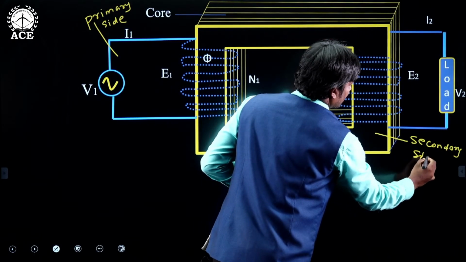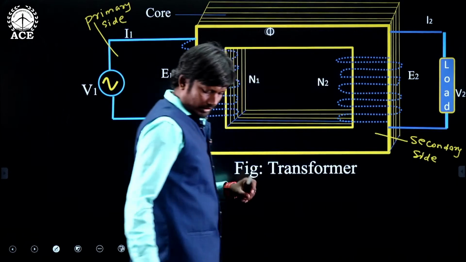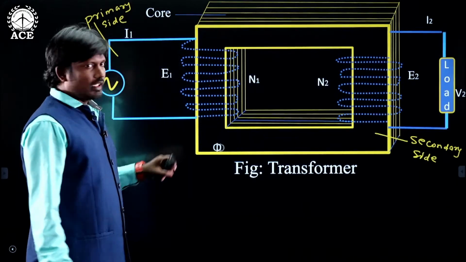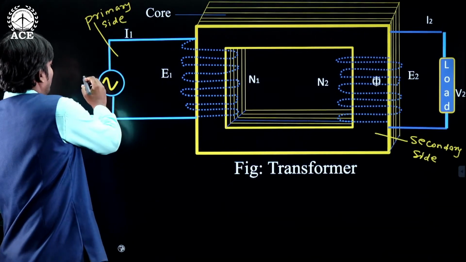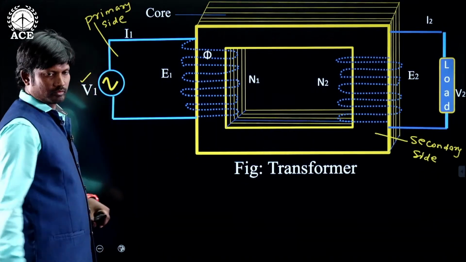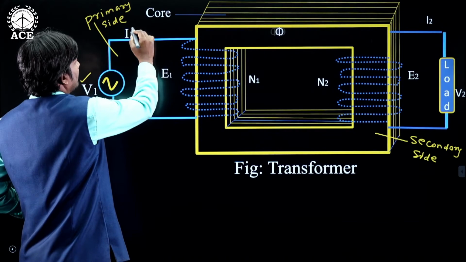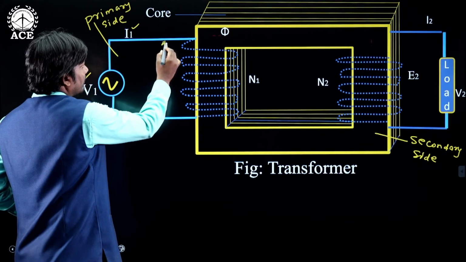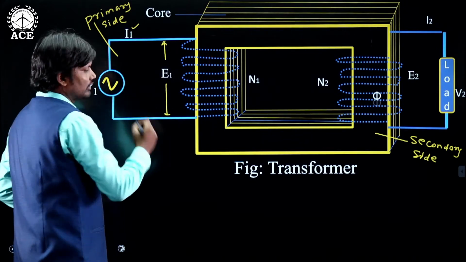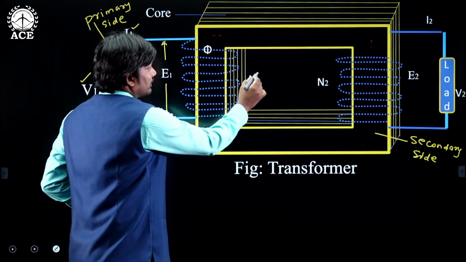The primary side consists of primary applied voltage V1, primary current I1, primary induced EMF E1, and primary number of turns N1.